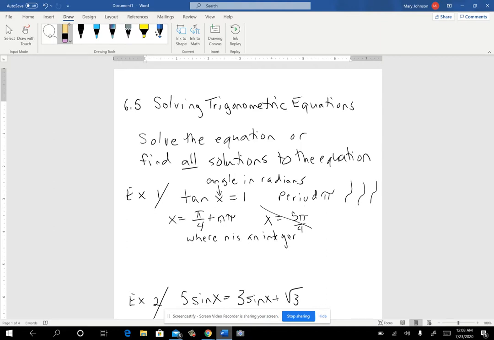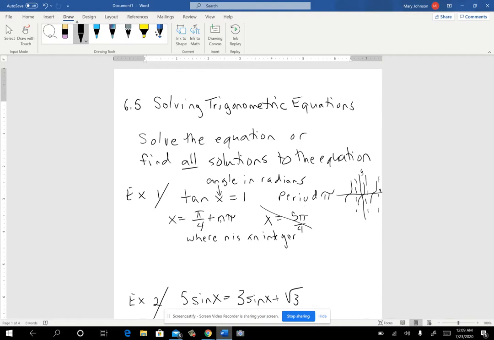I want you to remember that, let's say that I get my intercepts and my asymptotes on here. It would look something like that to start with. And let's say that this is the y-axis.